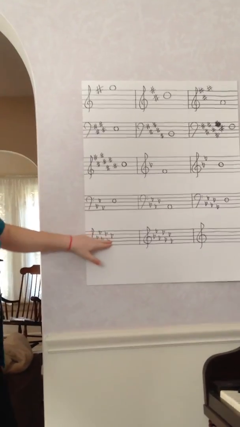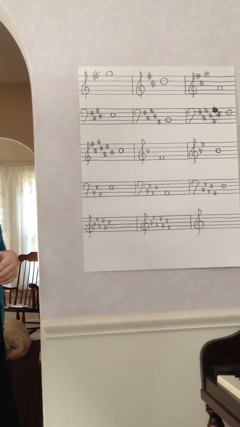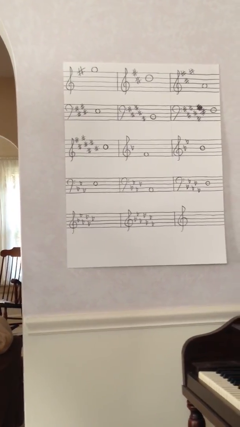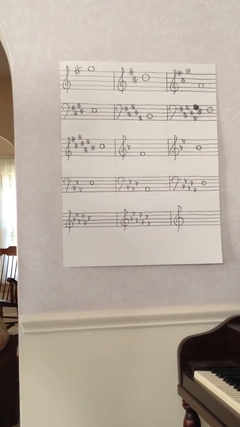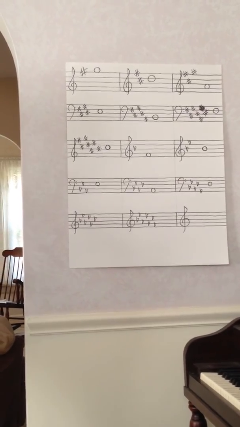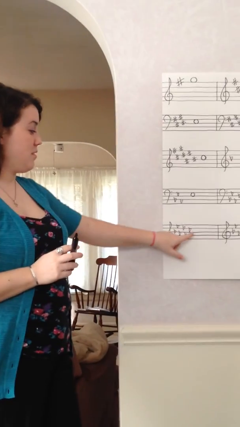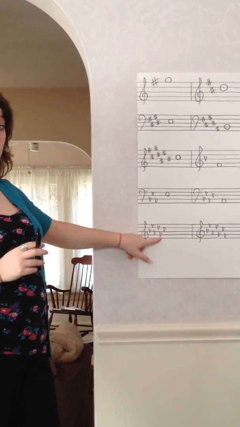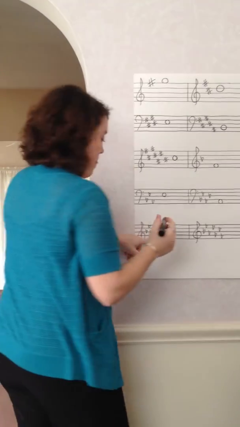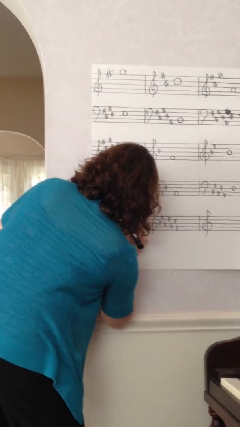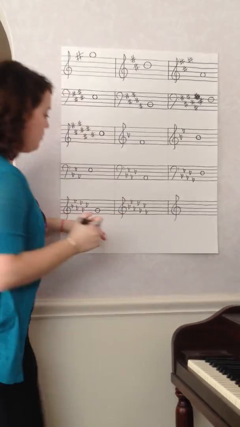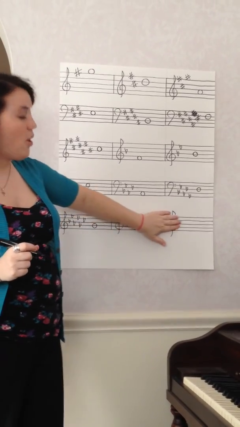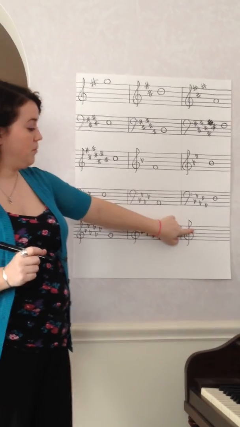So thinking of it in that pattern, what should the name of our key be? G flat, because our second to last flat is G. And then this is our final key, because this one we know is C major, okay?